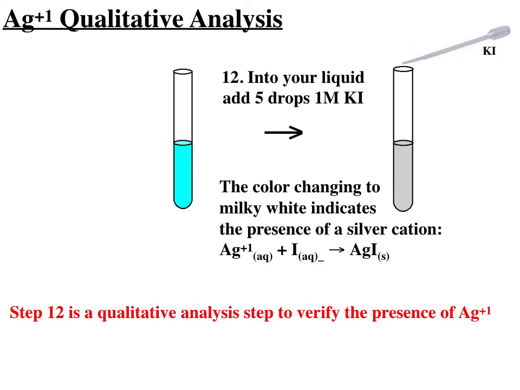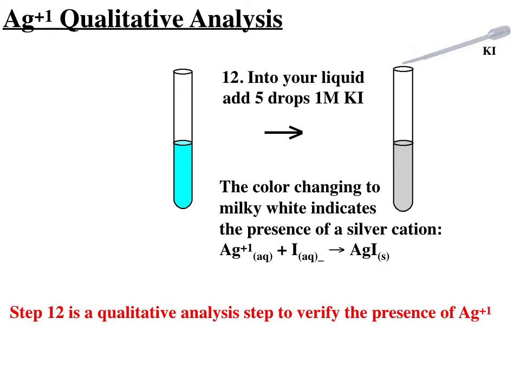To this dissolved sample that I just added the ammonia to on the previous slide, I'm now going to add several drops of KI solution. And KI contains the iodide anion.